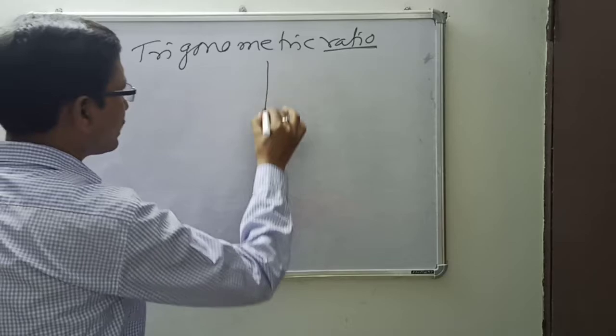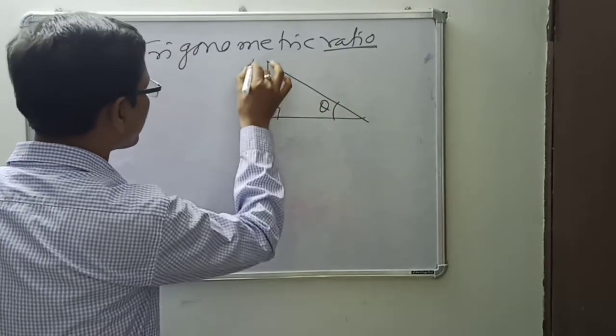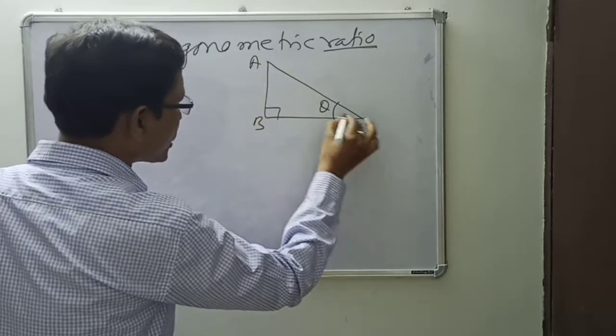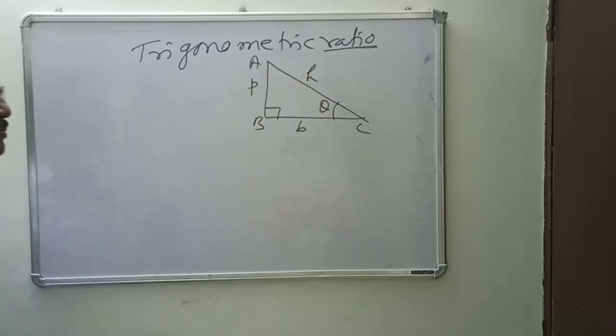For a right triangle with angle 90 degree, with respect to theta this is the perpendicular, this is the base, and the hypotenuse is fixed.